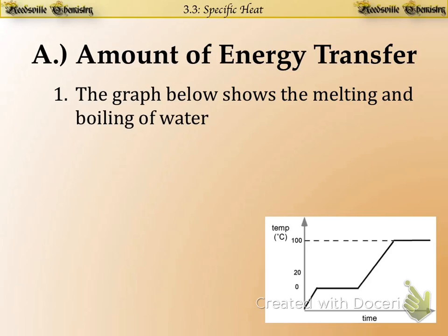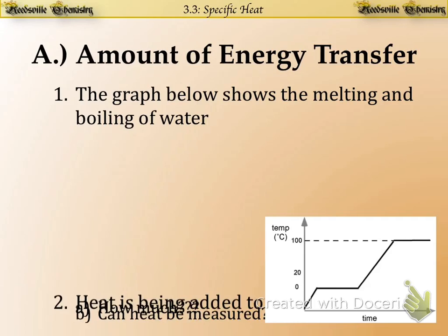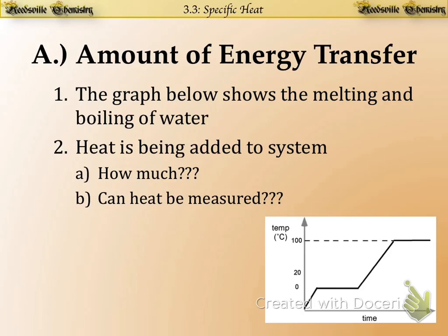It shows the melting and boiling of water, and we've become familiar with these types of graphs, these types of energy transition graphs. So we know that heat's going to be added to the system, either on a stove or a Bunsen burner. So heat is being added to the system to do this particular process. But I think an interesting question to ask is, well, how much heat is being added? And maybe another question would be, can we measure heat?